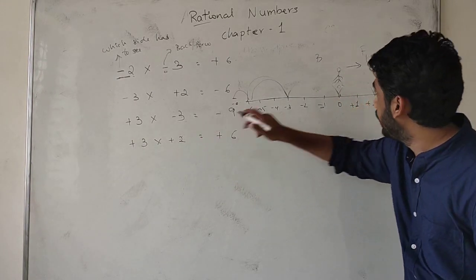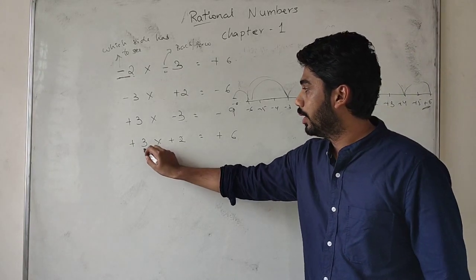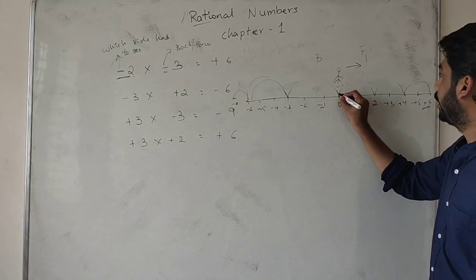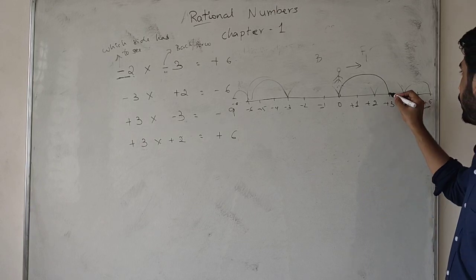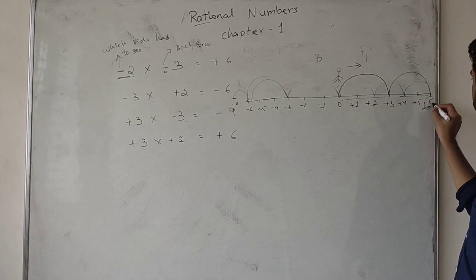So again plus means it will be forward only, you have to move. So from your 3 steps you have to take only 2 times. So from here you will go to 3. Second one from here you will go to 3. So with 3 steps the answer will be plus 6.